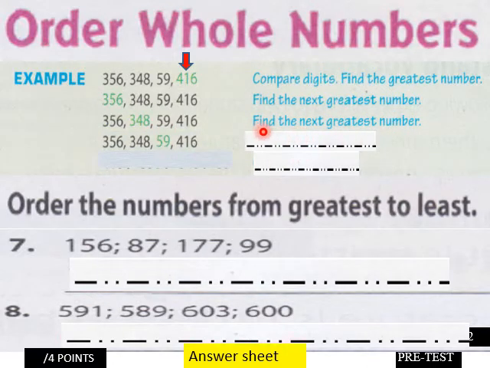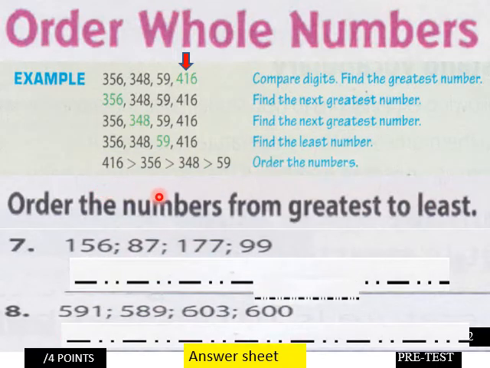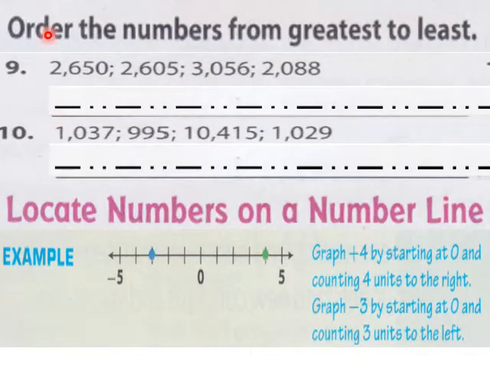Find the next greatest number, which would be this one here, and then order the numbers. That would be a systematic way of ordering whole numbers, and you can do that here. You can use a separate sheet of paper for this, staple that to your pretest here. This is just to let teachers know where you're at, and then same thing here, order these list of numbers from greatest to least, and for 10 as well.